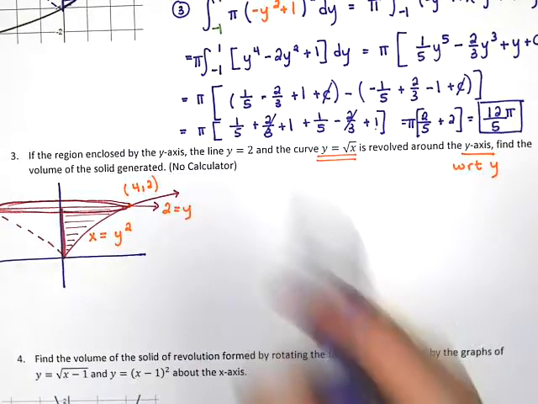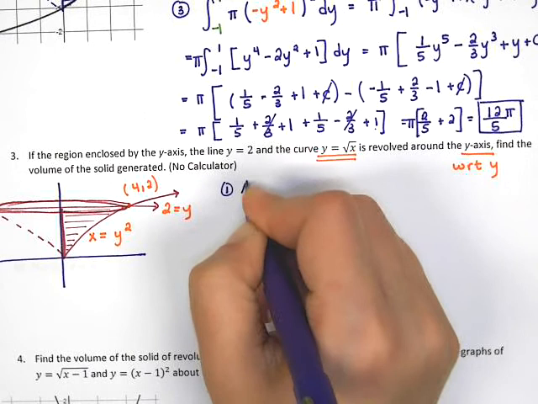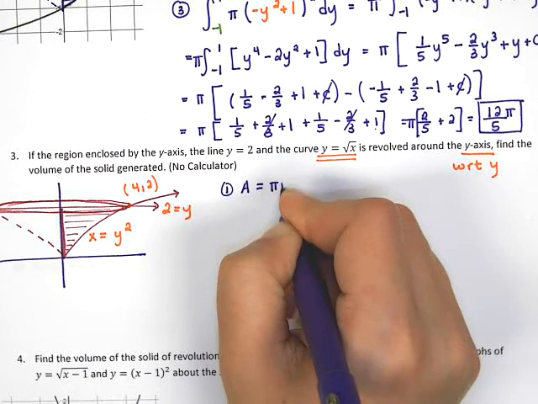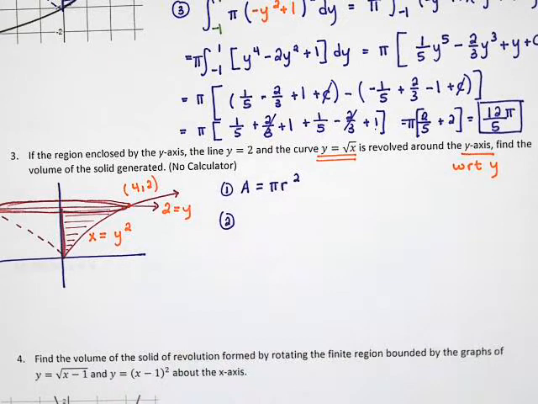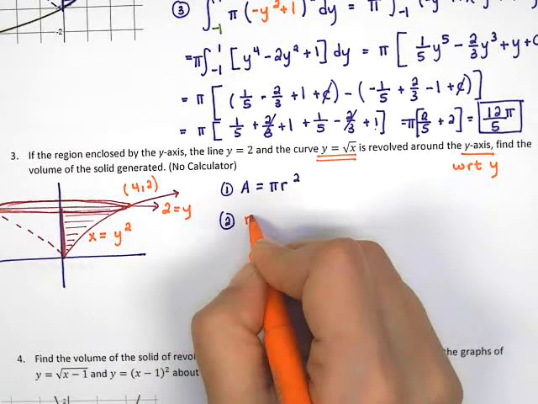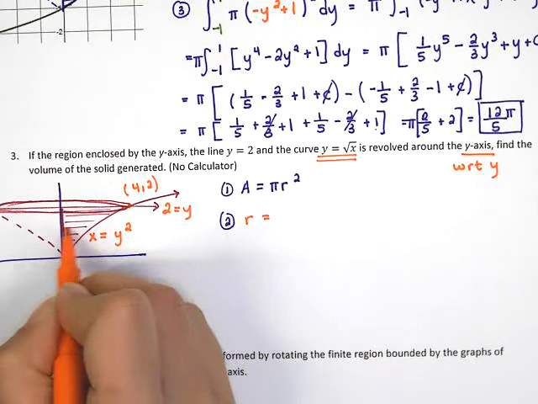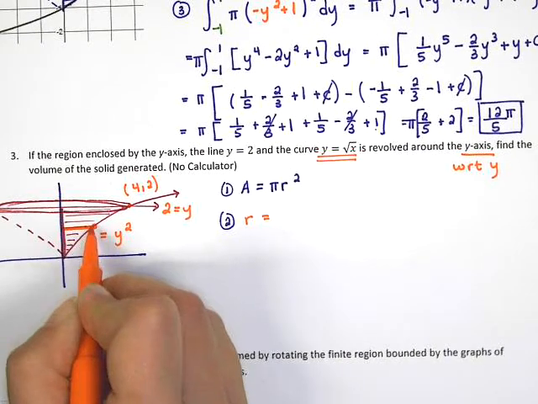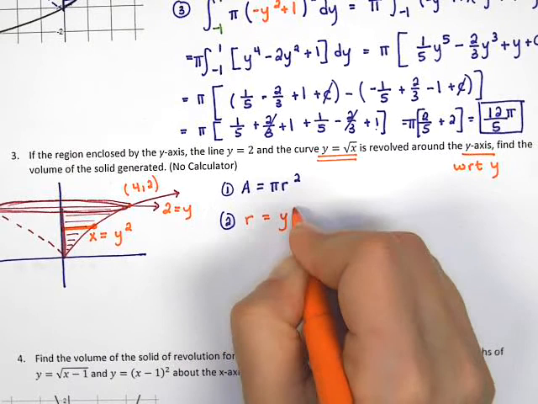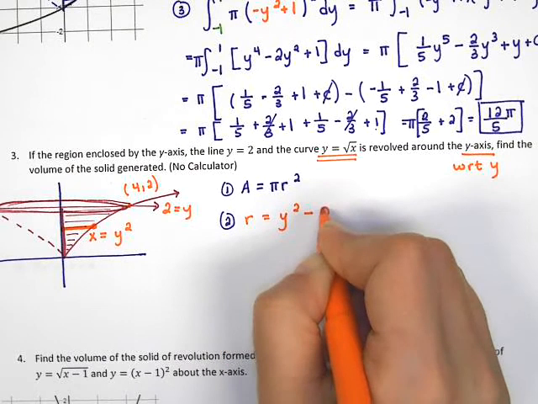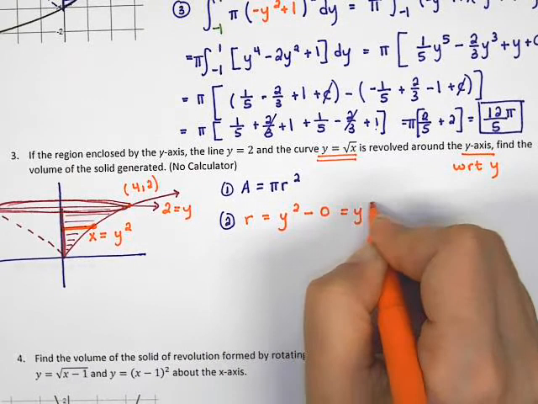So my steps are, first, write down my area formula. Because I'm rotating, all of my slices are going to be circles. Second, figure out what your radius is. So in this problem, because I'm rotating around the y-axis, my radius is going to go from right to left. So I'm going to do y squared minus 0, which is just y squared.